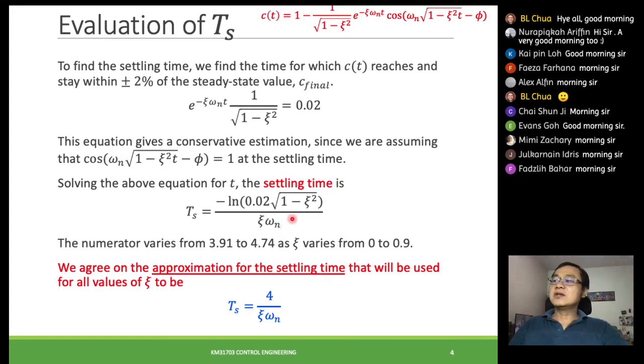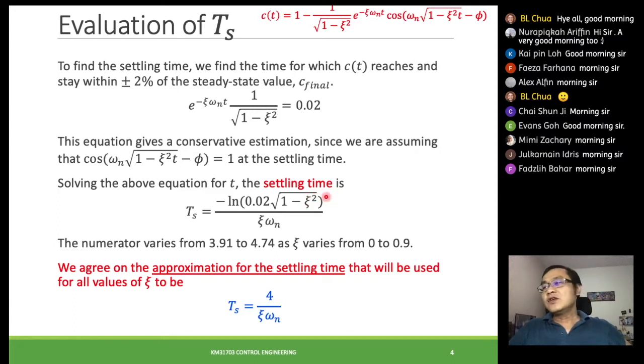And from here we note that this settling time changes according to two parameters, the damping ratio and the natural frequency. If we further look at the numerator section, the part at the top, you will see that it depends mainly only on the damping ratio.